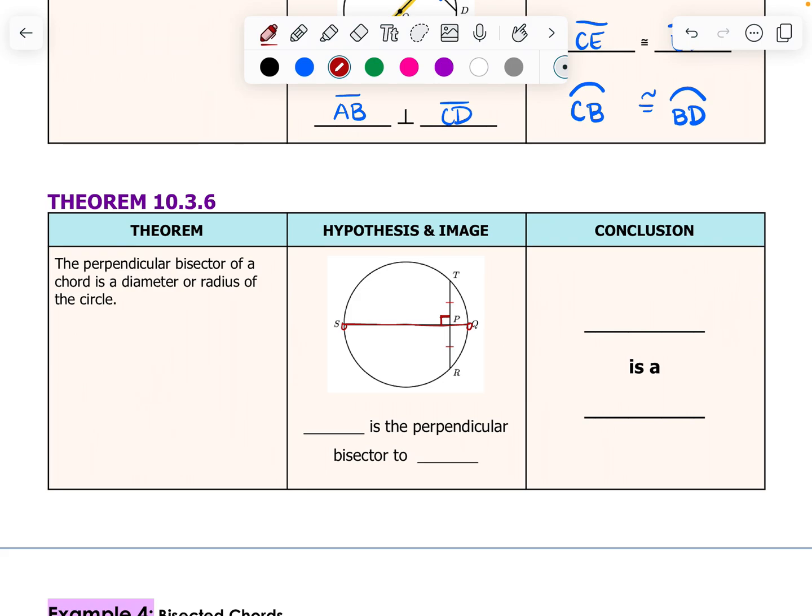That is enough for us to conclude that TQ must be a diameter. So we're going to say segment SQ is the perpendicular bisector to TR, and that helps us conclude that segment SQ is a diameter.